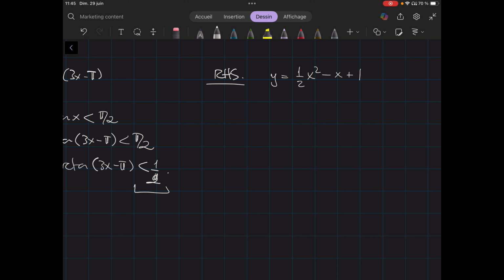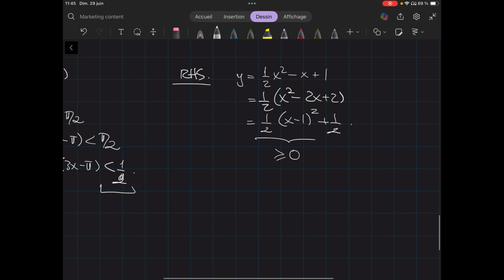We all know how to find the range of this function, and the quickest way is to complete the square. As we can see, this term is greater than or equal to 0. Therefore, y has to be greater than or equal to a half.